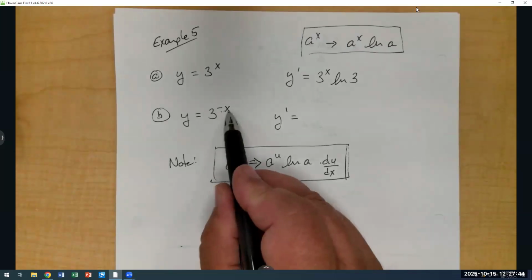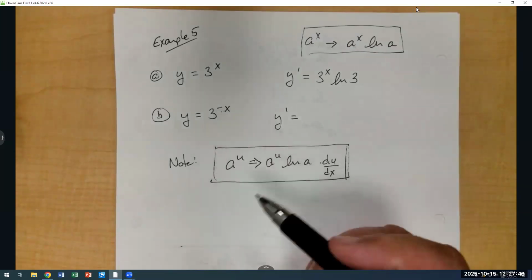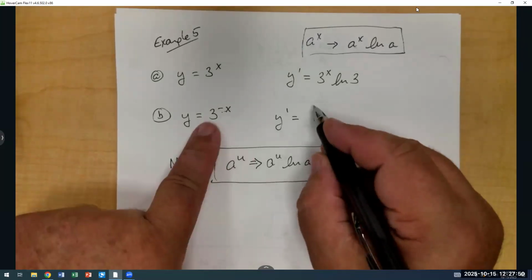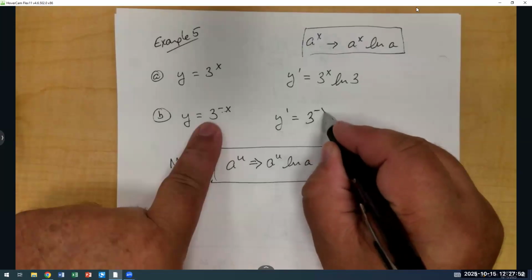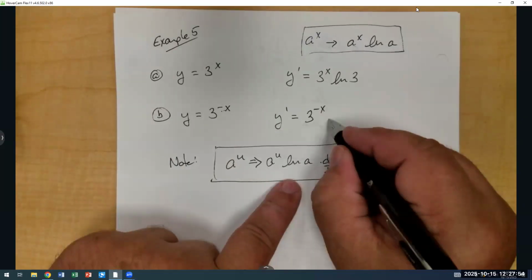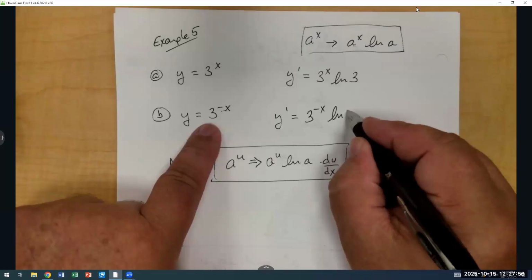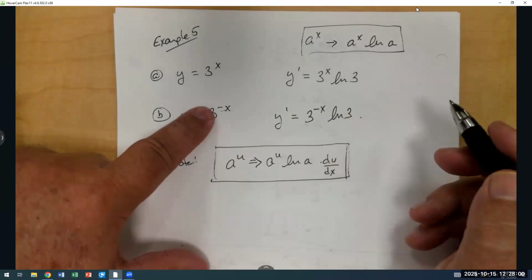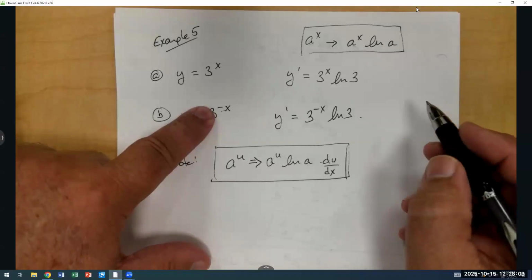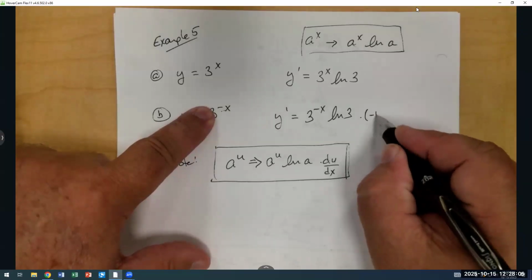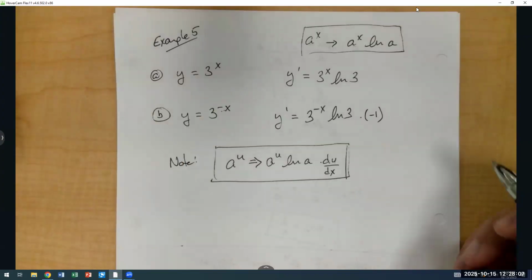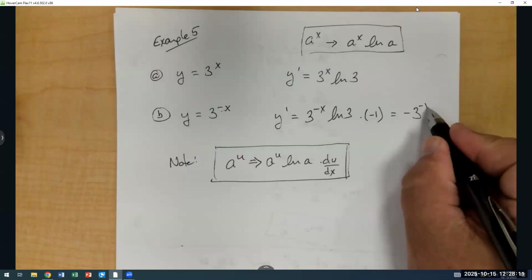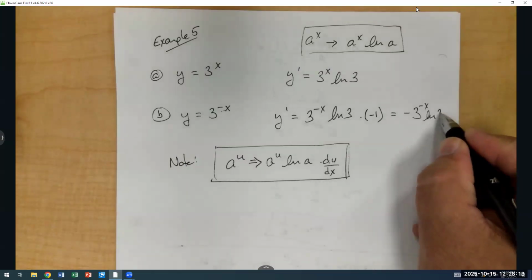Because this is a function: it's -1 times x. So we have a to the power u, which is 3 to the power -x, times ln 3, times the derivative of the exponent, which is -1. So the answer is -3^(-x) ln 3.